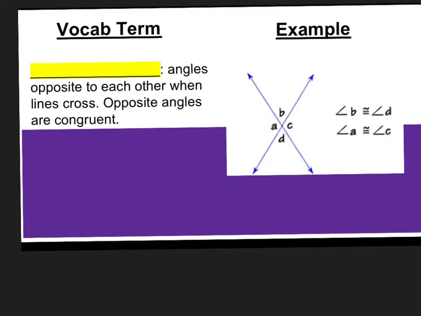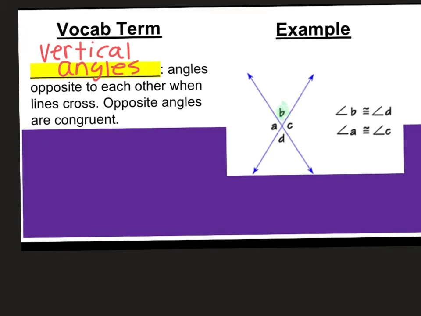Next vocab term is vertical angles. They are angles that are opposite to each other when the lines cross. Opposite angles are congruent. Congruent, remember, means equal. So when you have crisscrossing lines like this or intersecting lines like we just talked about, opposite angles are congruent.